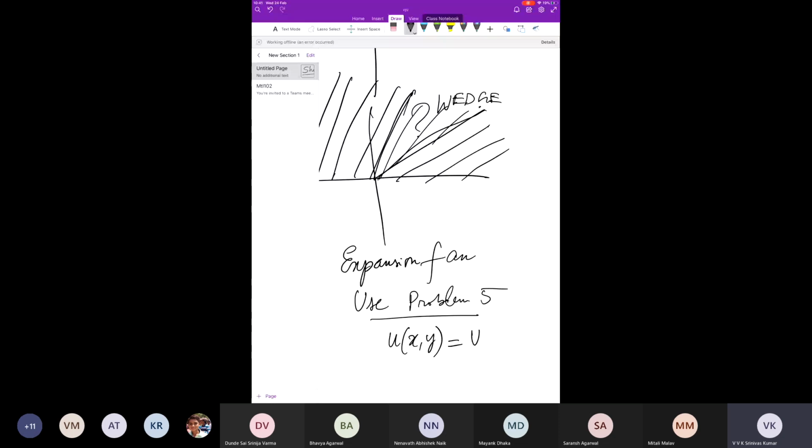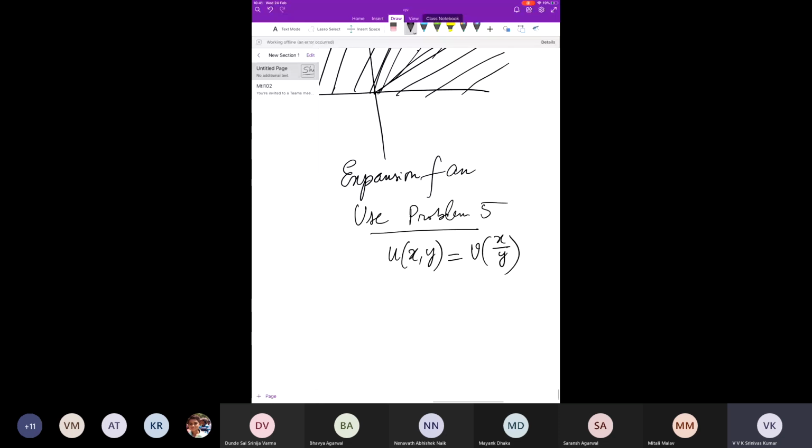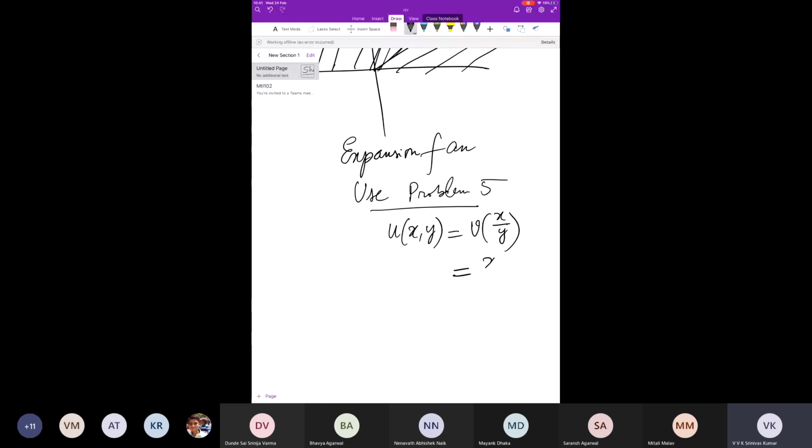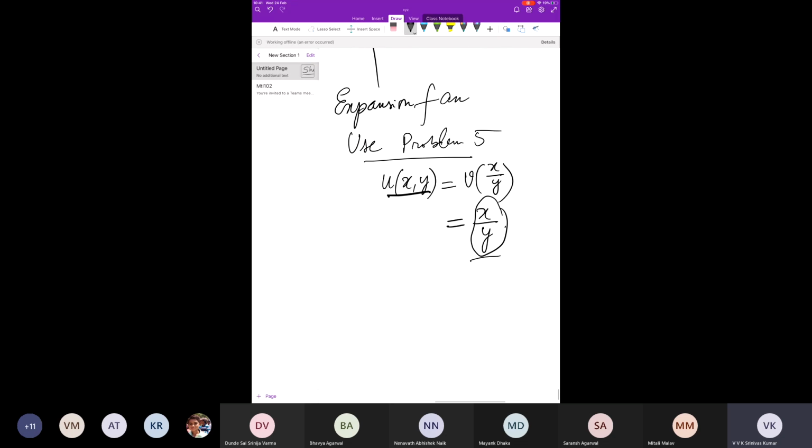In our case, the Burgers equation case, this will be just x by y. So in the region where there is no intersection of the characteristics, define u is equal to x upon y. With this, we completed problem sheet 3.